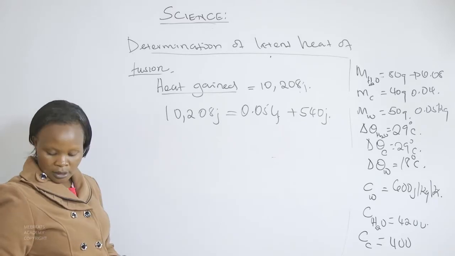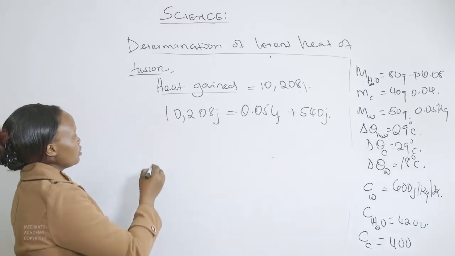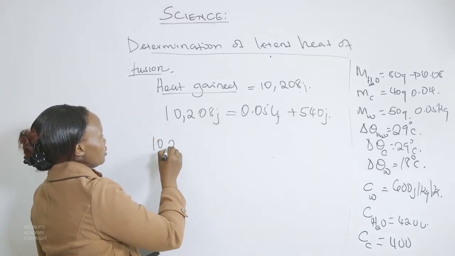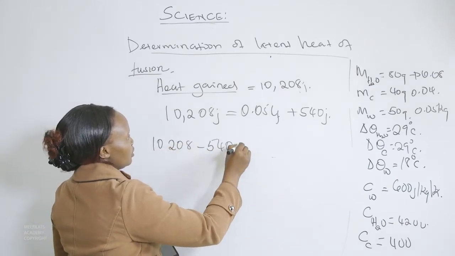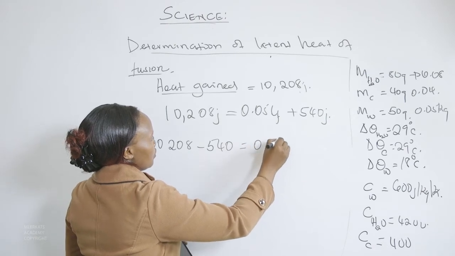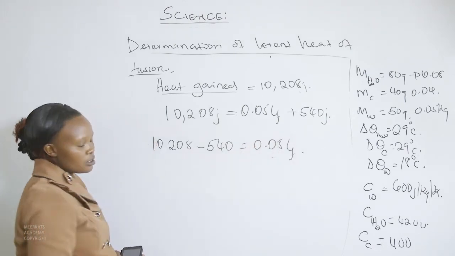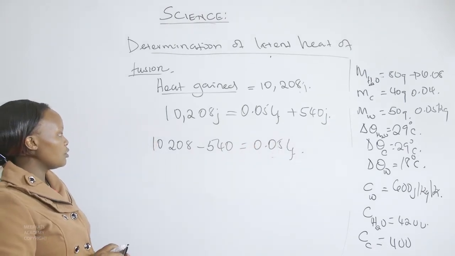Then we can collect the like terms, so that 10,208 minus 540 will be equal to 0.05 times specific latent heat of fusion.